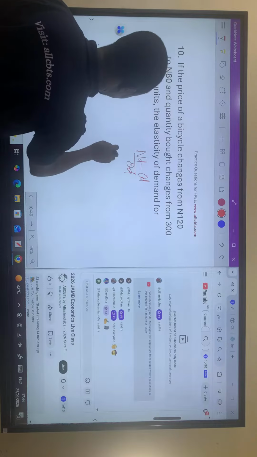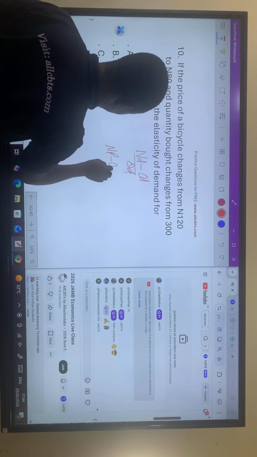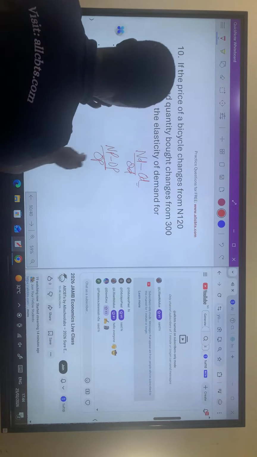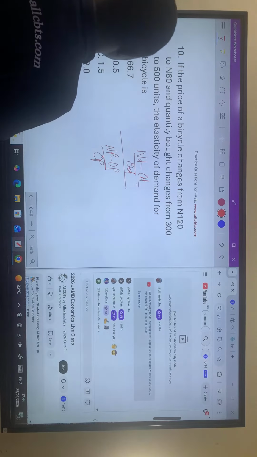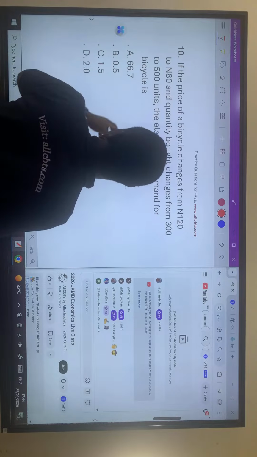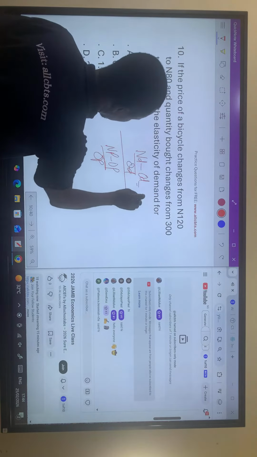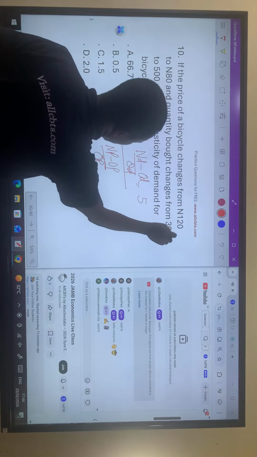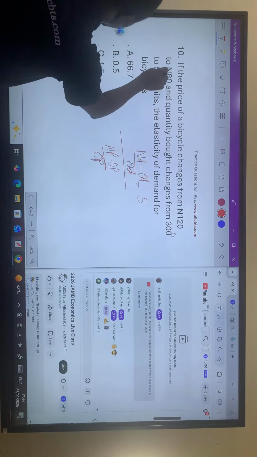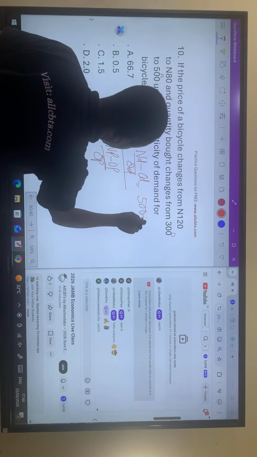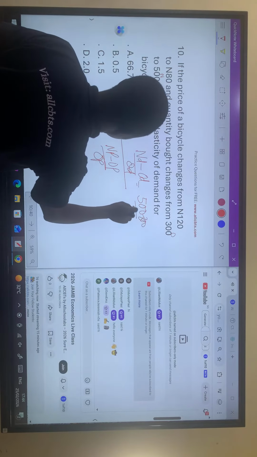Then we have new price minus old price, over original price. So let's find demand first. What is the new demand? He said the demand changes from 300 to 500. So this is old, this is new. New is 500 minus 300 over old 300.